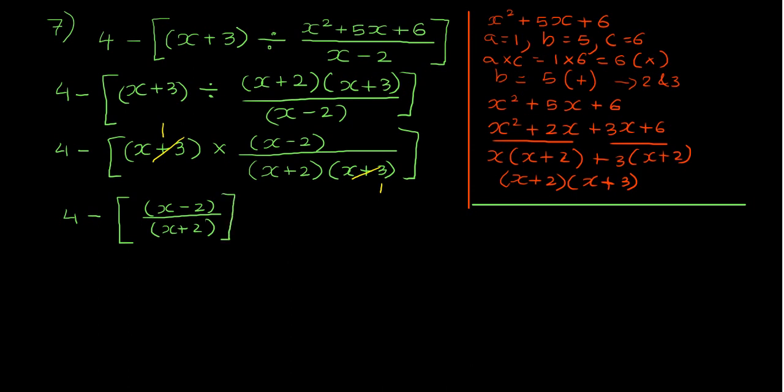Okay, so in order to simplify this, I'll just write 4 as a fraction, which is 4 over 1, and I need to make the denominators the same. So to do that, I'm going to multiply top and bottom. Can I do that? Wait, I'm going to try something. If I can shift this to the right, that would be great.